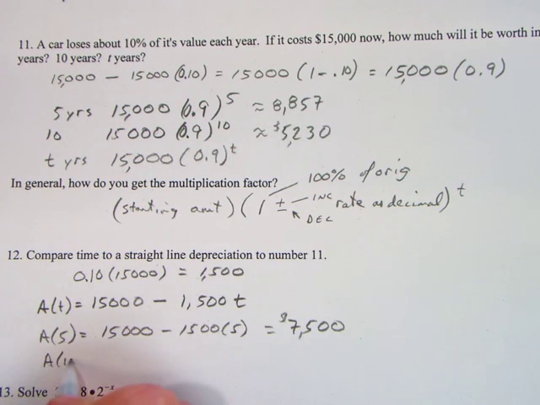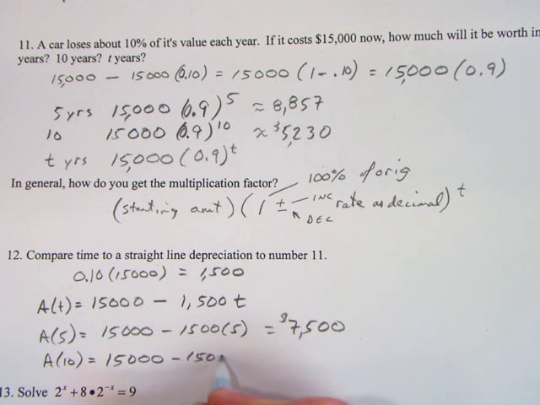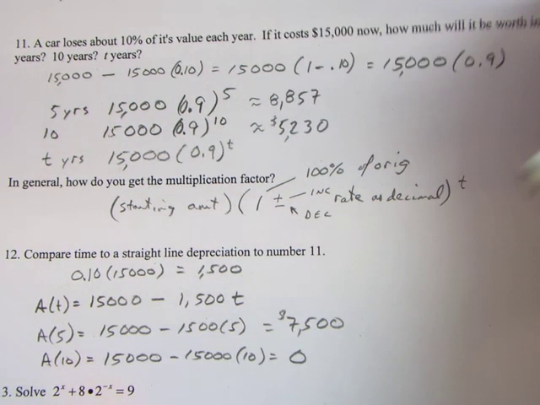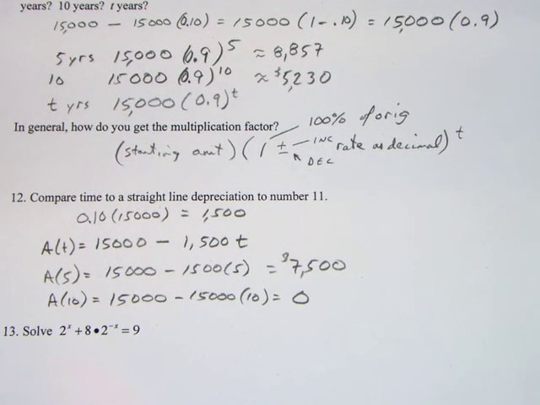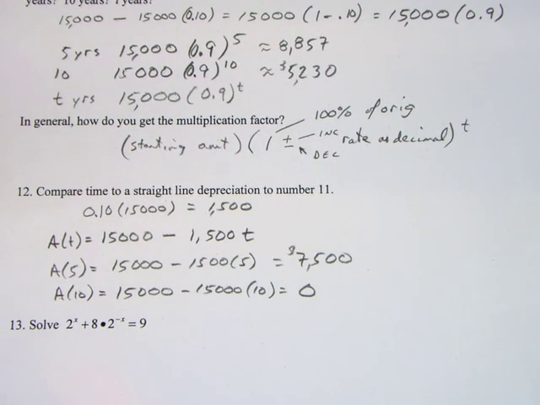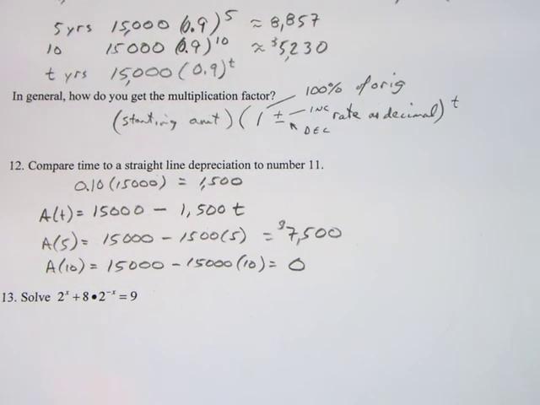And then a of 10 would be 15,000 minus 1,500 times 10, which would give us 0. So after 10 years, and this is what's used in accounting, they will have a fixed amount and they just write that off every year as opposed to a percentage.